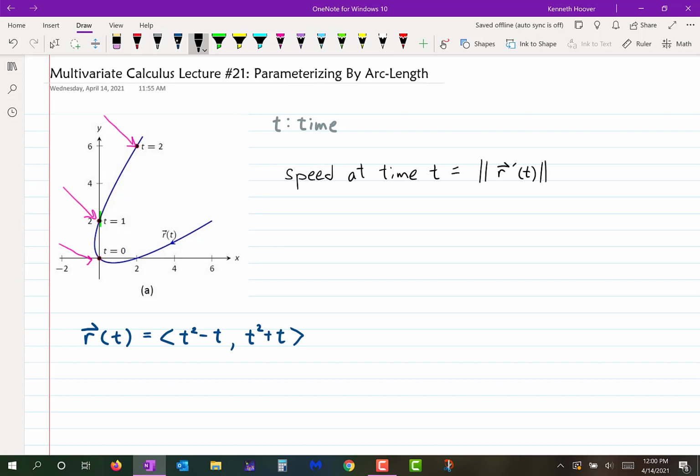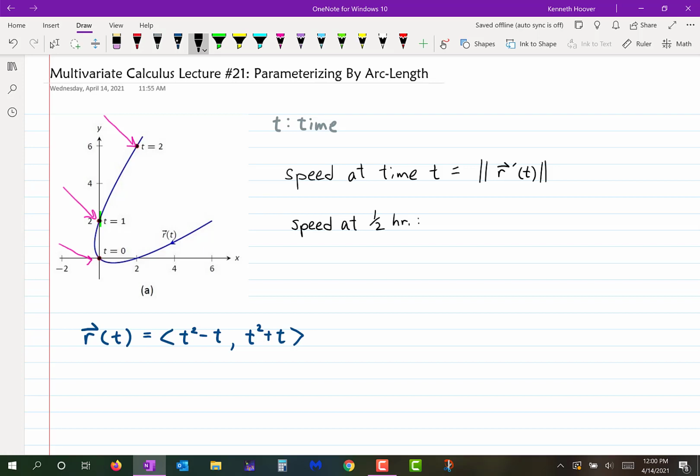So let's calculate how fast we're going in the middle of the first hour. I'm going to write speed at half hour.